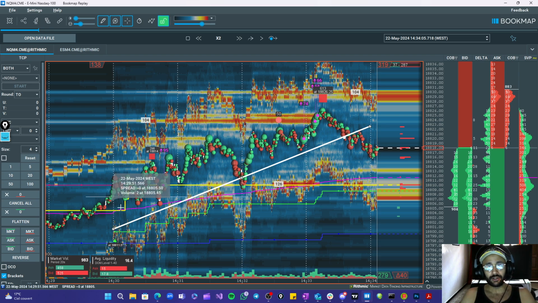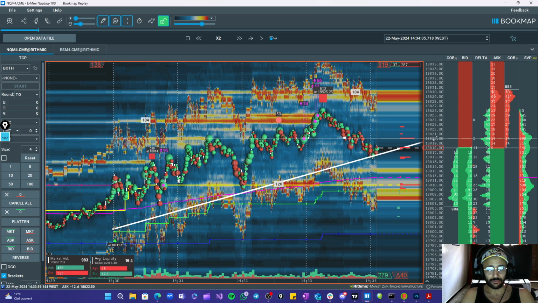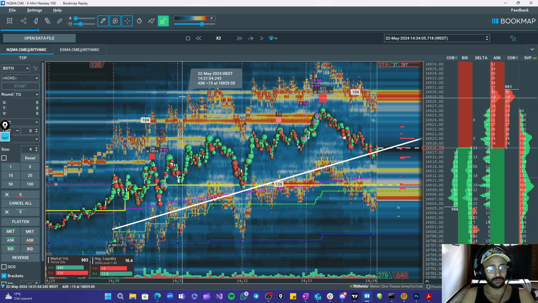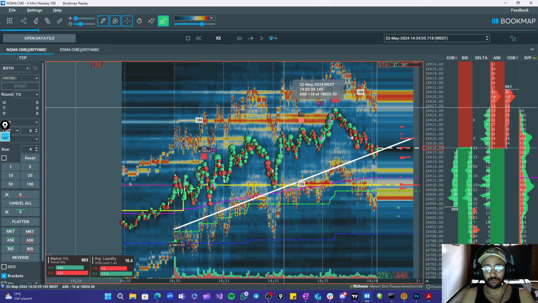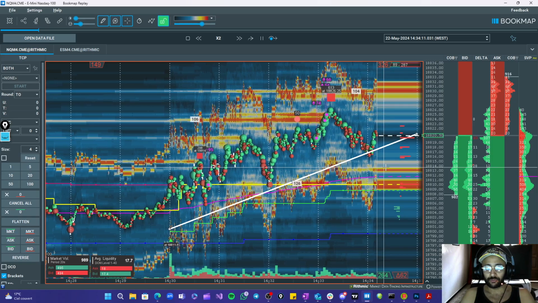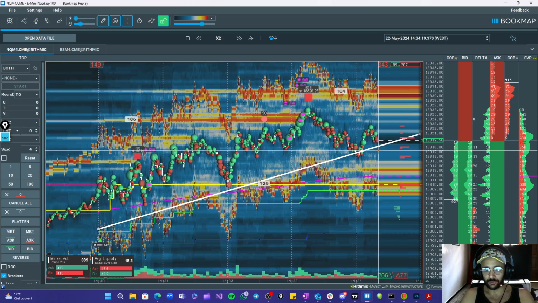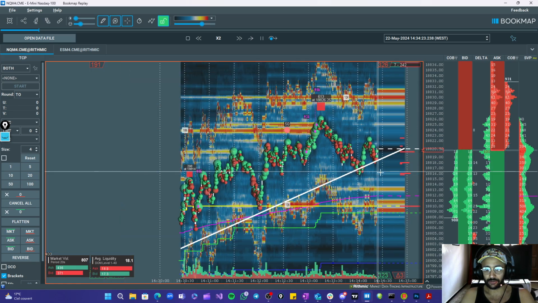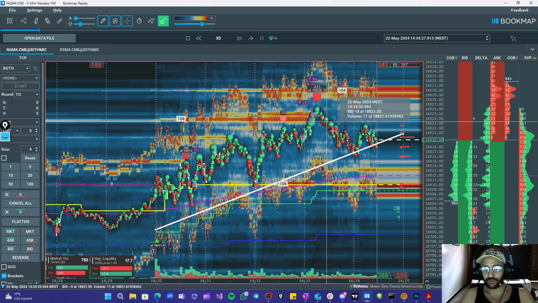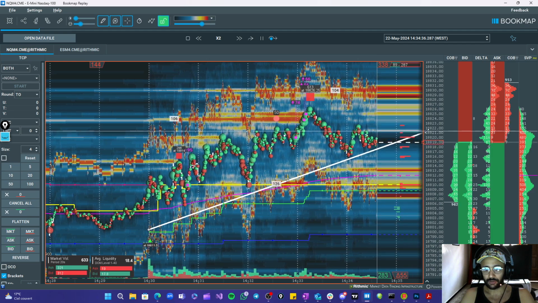Okay, so here we can say that we are holding this. Now I will maybe look for the shorts if we break this with force, with aggressive selling, because we had an exhaustion and I don't see a lot of buyers for now.